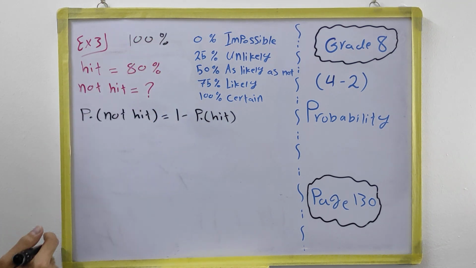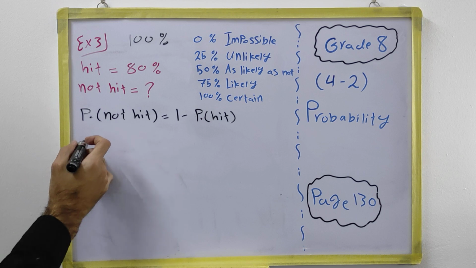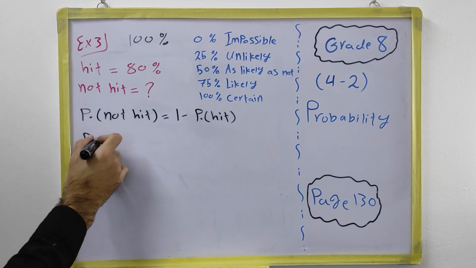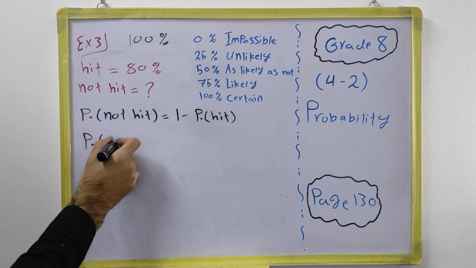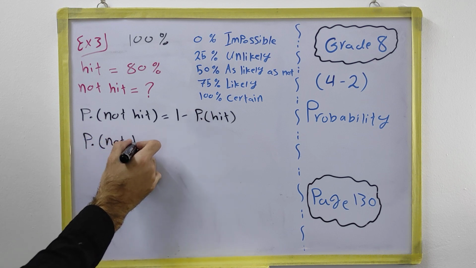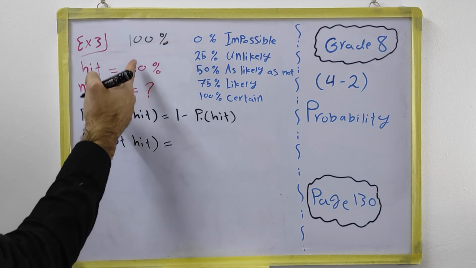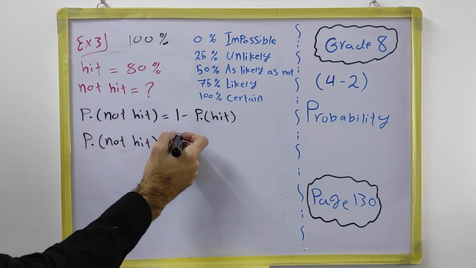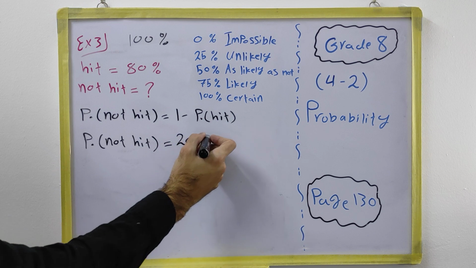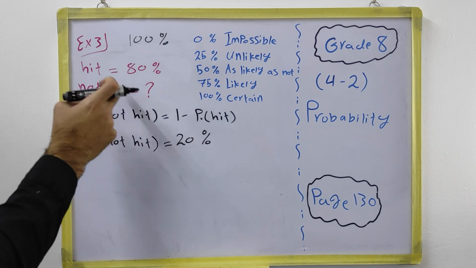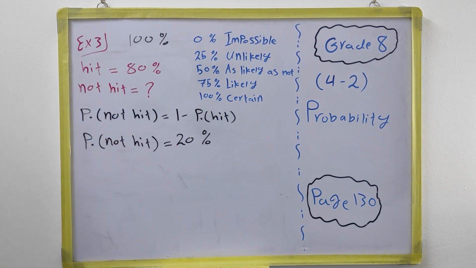The rest is 20%. The probability to not hit equals, directly, 20%. 20% probability of not hit and 80% probability of hitting.